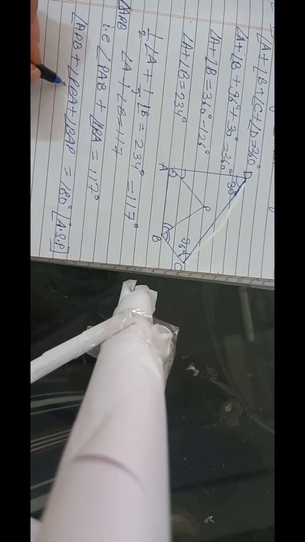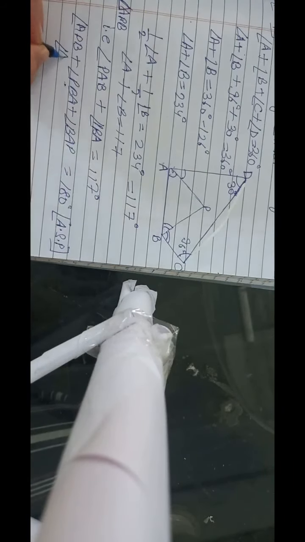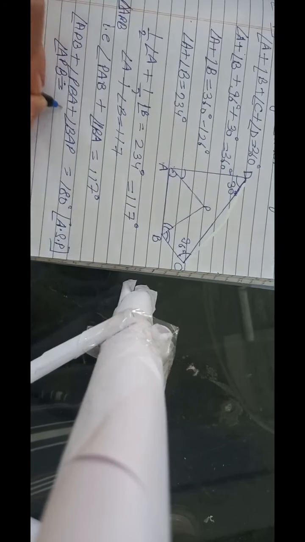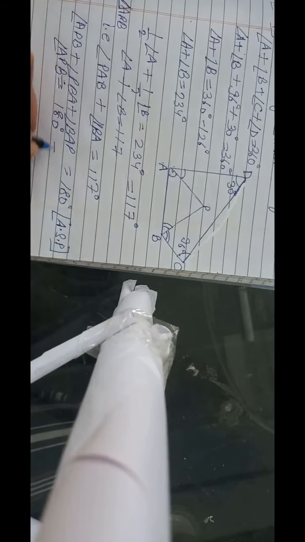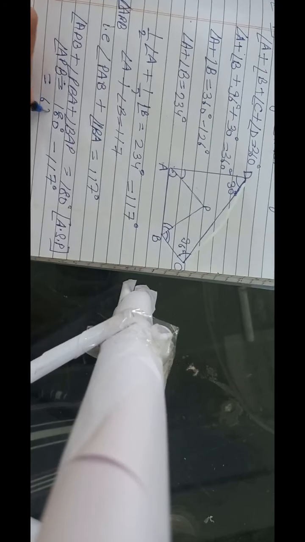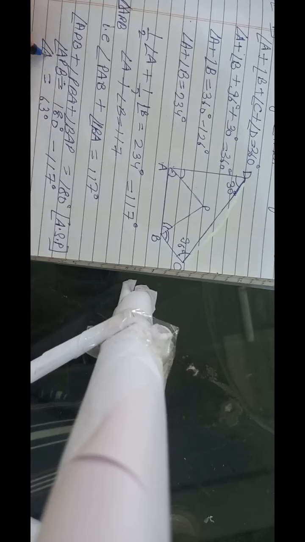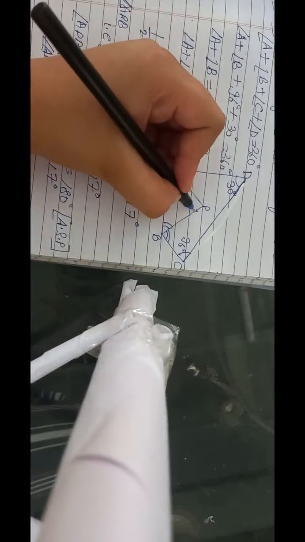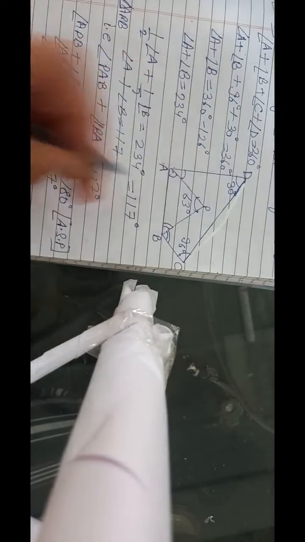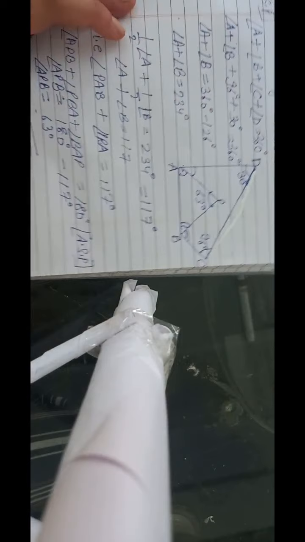So first fill in the values. So angle APB is equal to 180 degree minus 117 degree, that is equal to 63 degree. So angle P is equal to 63 degree. So this was the solution of this question.